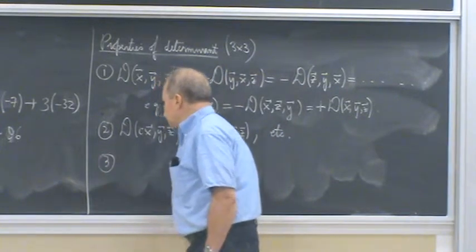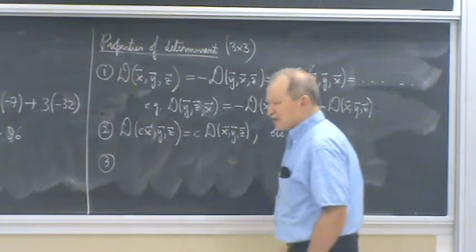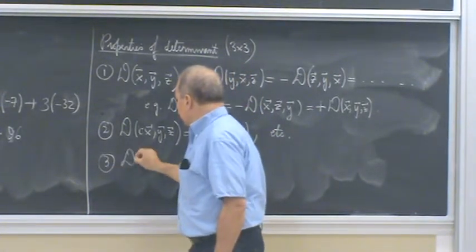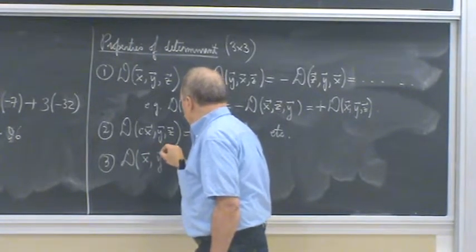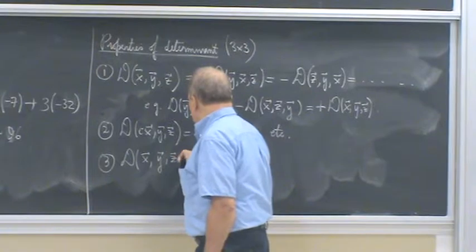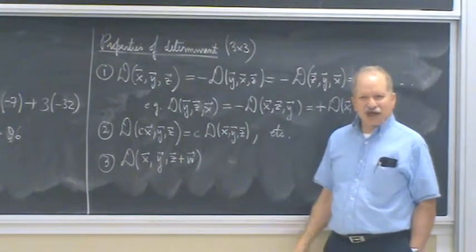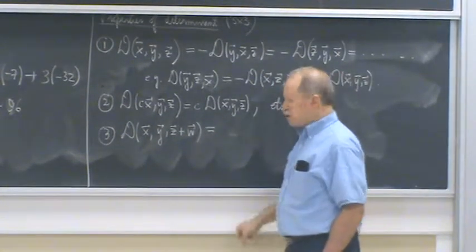All right, the more interesting one, oh, and I forgot one in the 2 by 2 case, actually. I just remembered it now. The next one was the more interesting one, that if you put a sum of 2 vectors in one of the slots, you get the sum of the determinants.